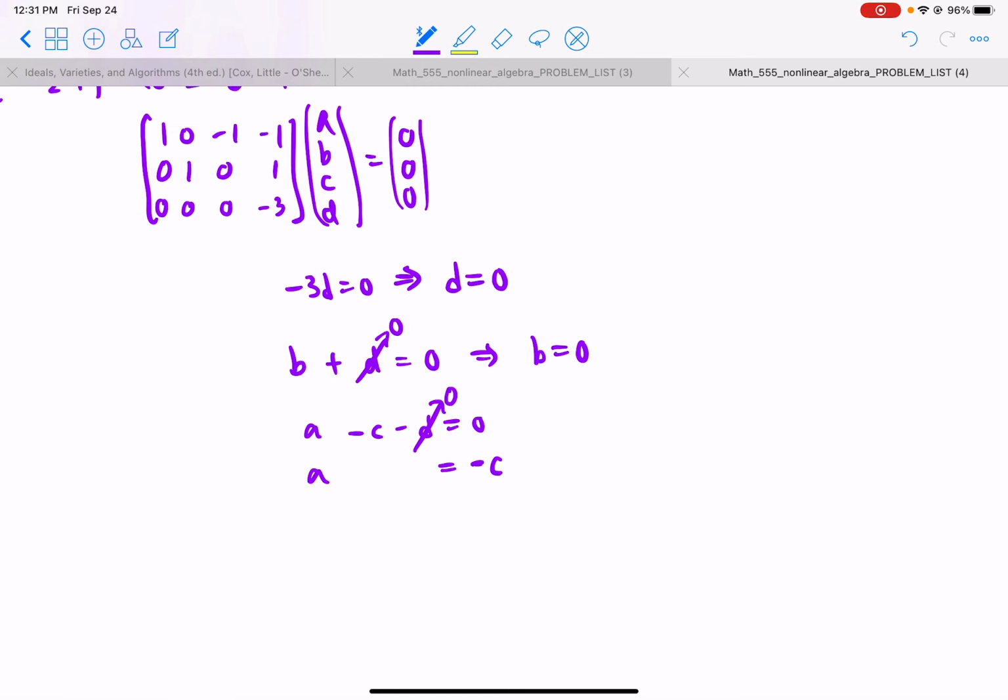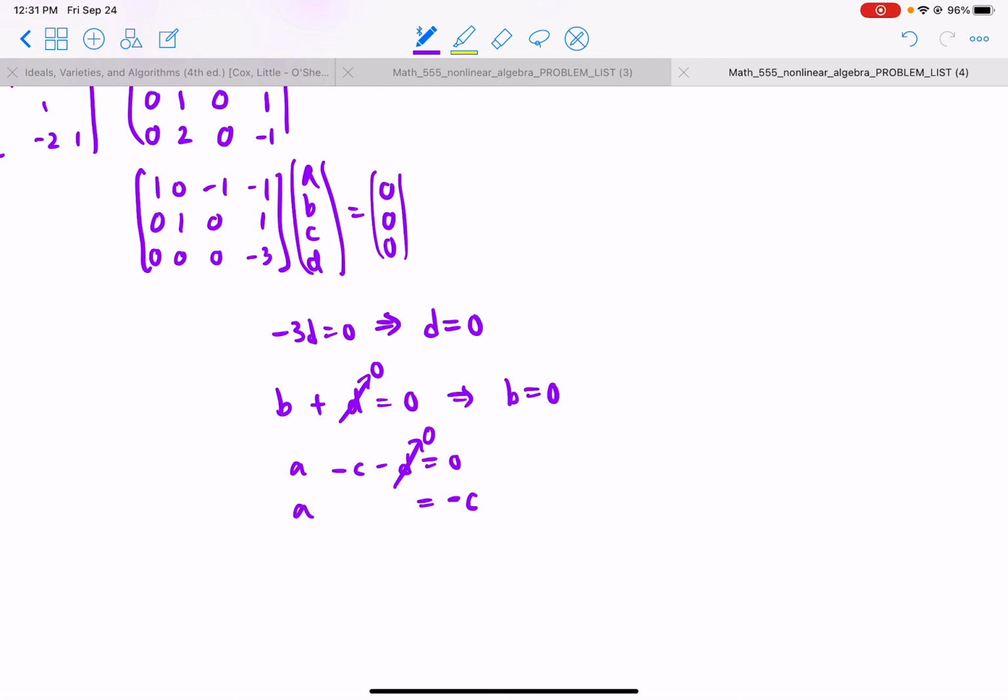So there's a whole list of solutions, namely for any value of c, we get a correct solution. So we could just say, let c be a parameter, and this sends us to a solution: minus c, 0, c, 0 equals a, b, c, d.